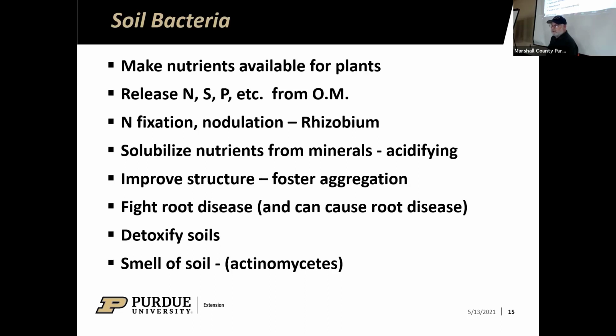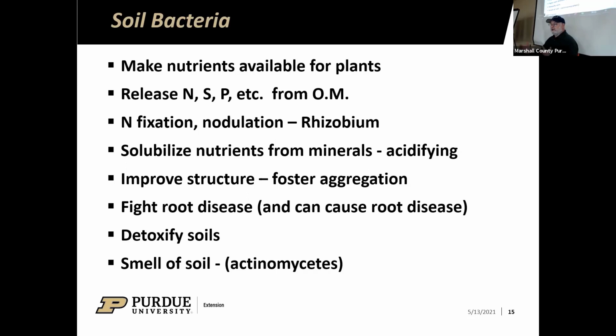They release soluble nutrients from the minerals, helping to solubilize nutrients, which allows some acidifying to occur, and they improve structure.